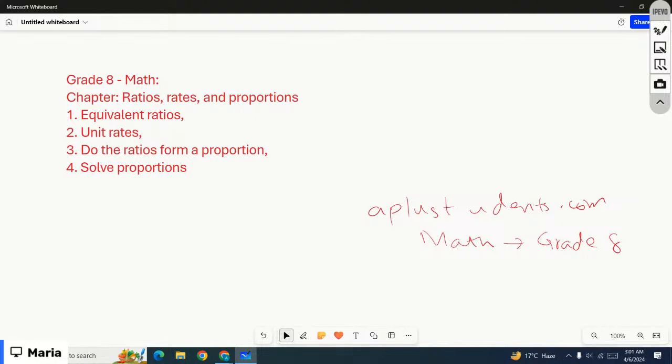The lessons we're going to cover from the chapter are equivalent ratios, unit rates, do the ratios form a proportion, and solve proportions.